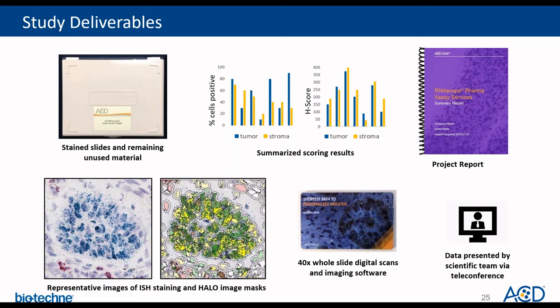Once your study is complete, you will receive a report containing representative images, materials and methods, summarized data analysis, and the study summary and conclusions. You will also receive full slide digital scans, the stained slides, and any unused material.